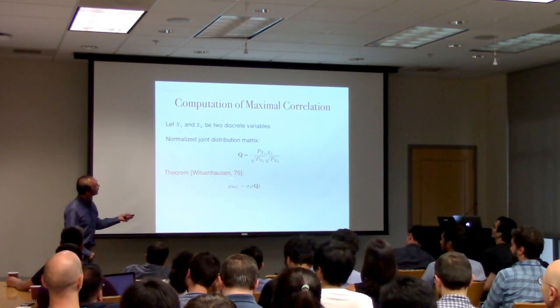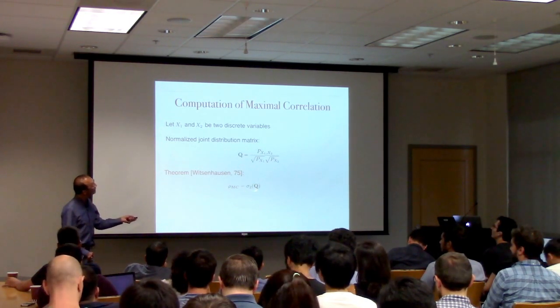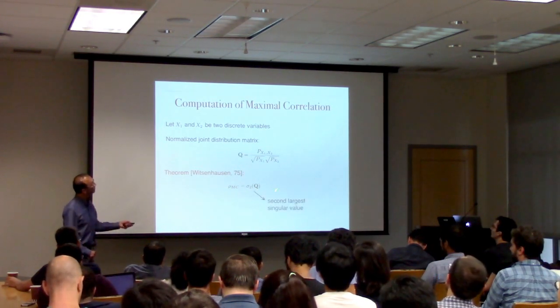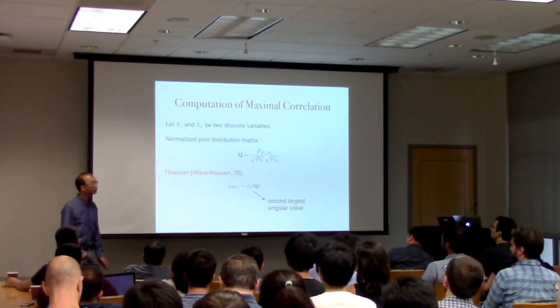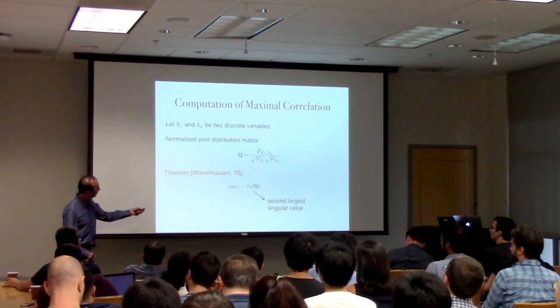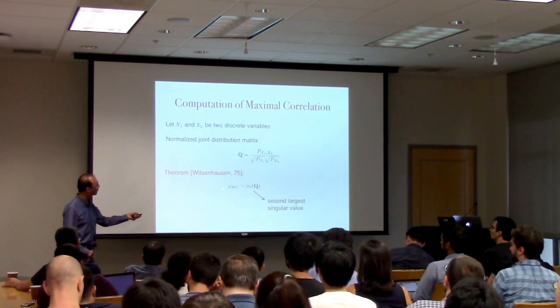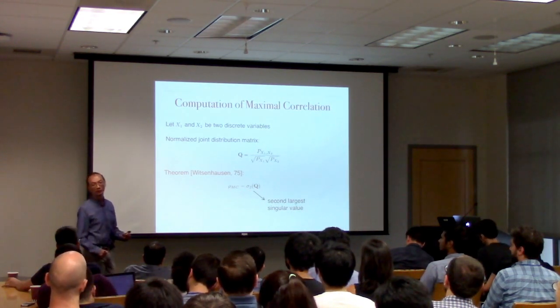And it turns out that the maximum correlation is equal to the second largest singular value of this matrix. So you may think that computation of this maximum correlation may be complicated, but it turns out it's just a singular value computation.